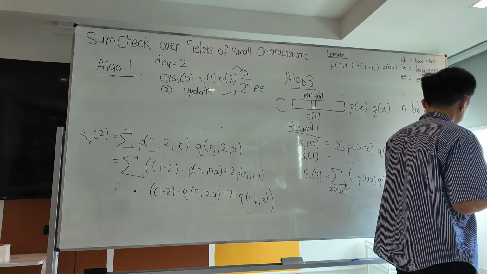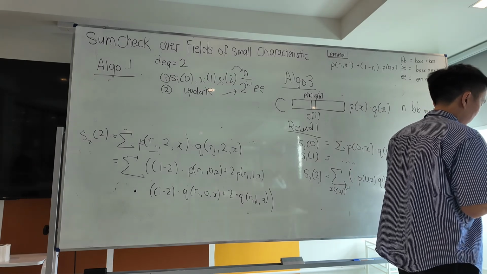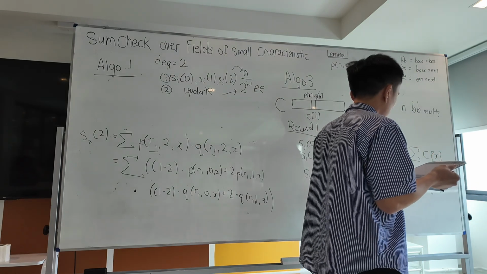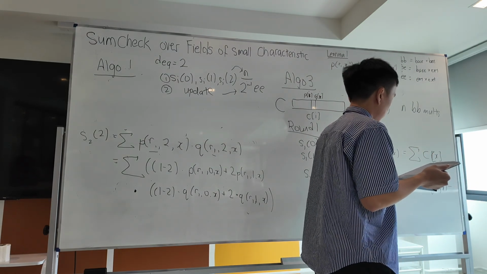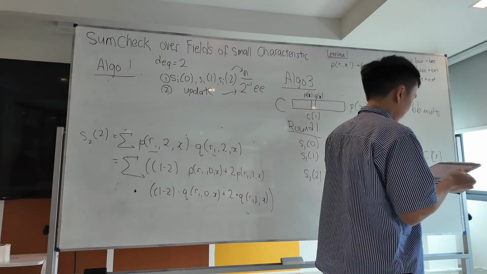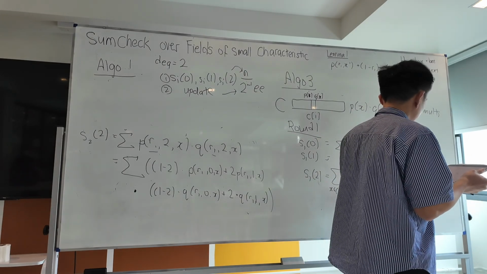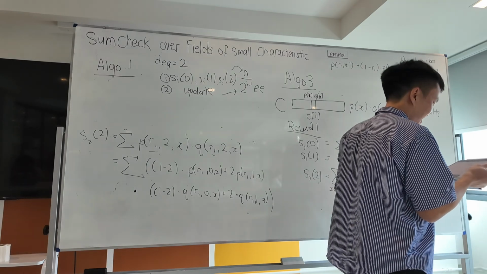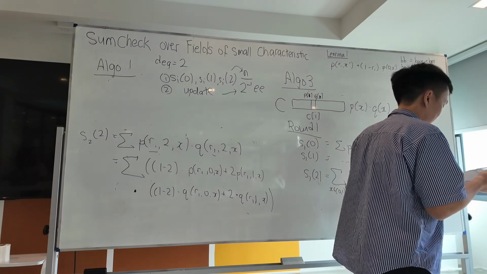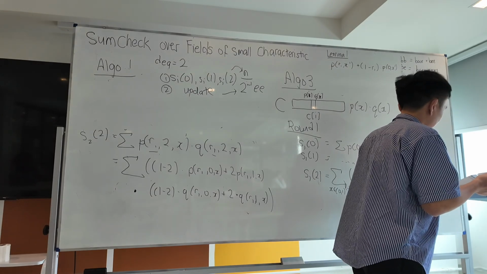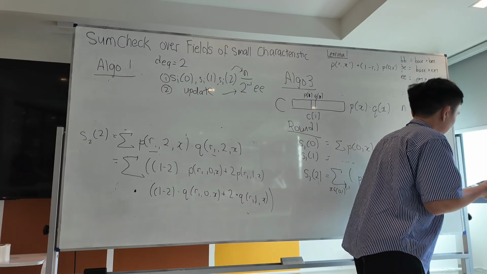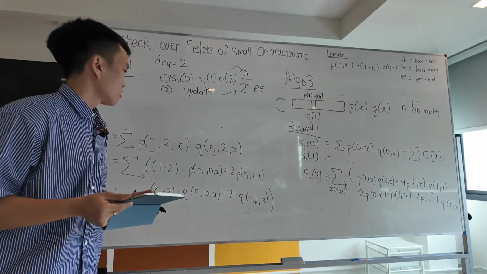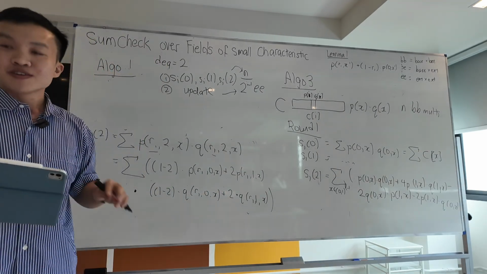Oh, sorry, this is not a dot, this is a comma. Subtracted by Q0 of x multiplied by P1 of x. And I promise this is going to be the last one I'm writing. P1 of x is 2 P1 of x minus P0 of x. Right. I'm done. Okay, almost done.